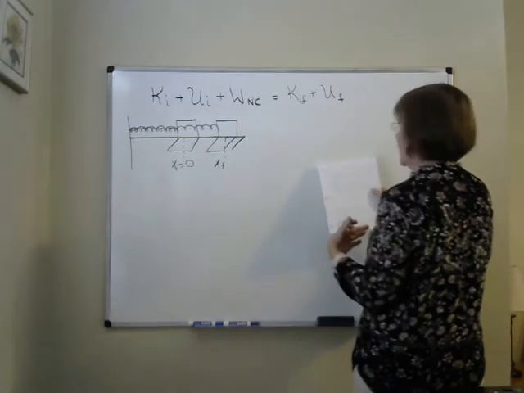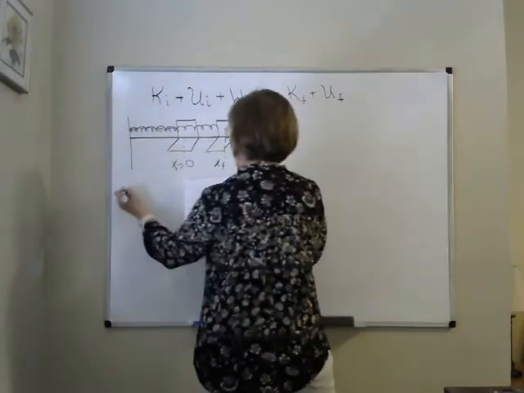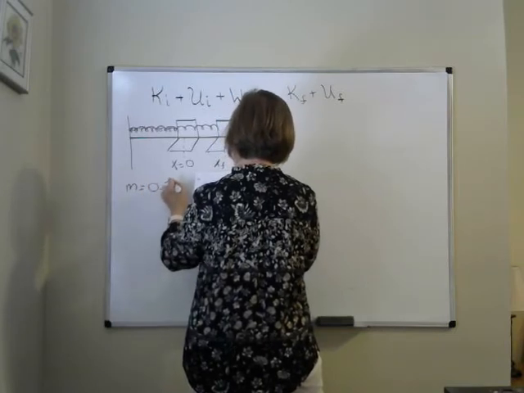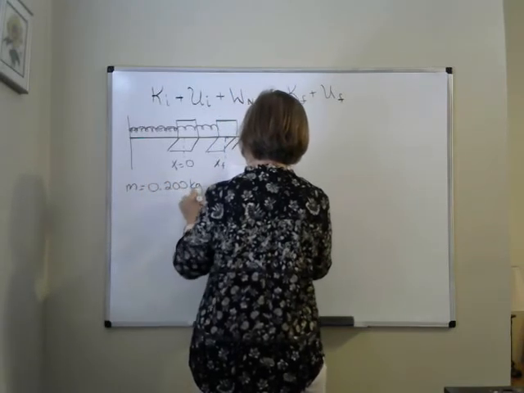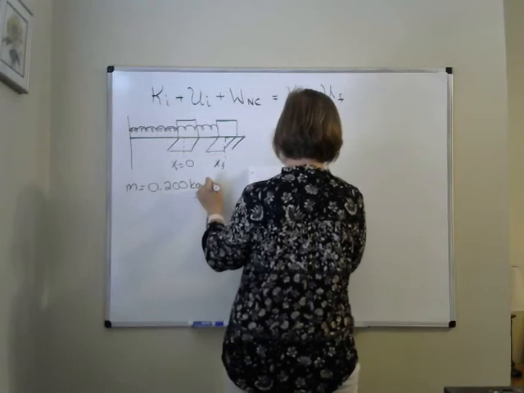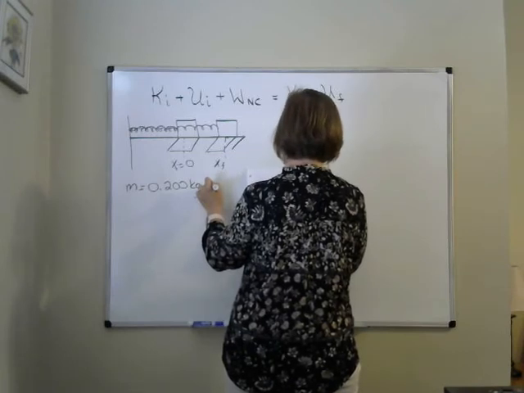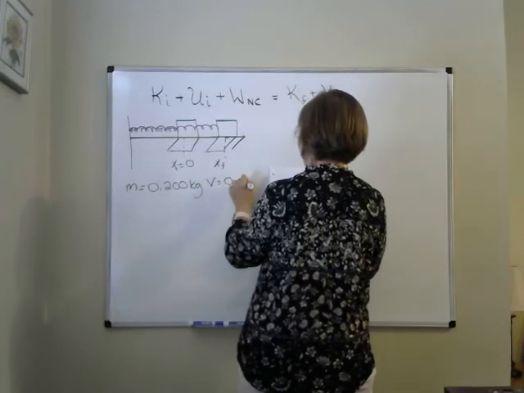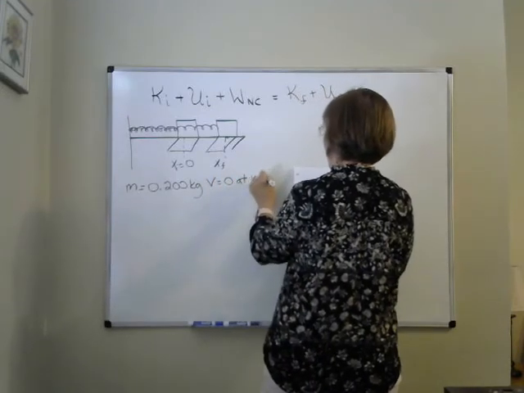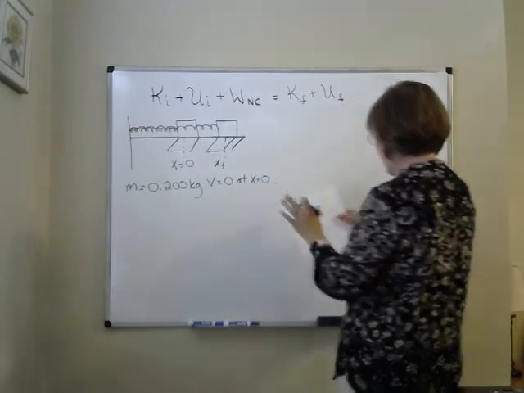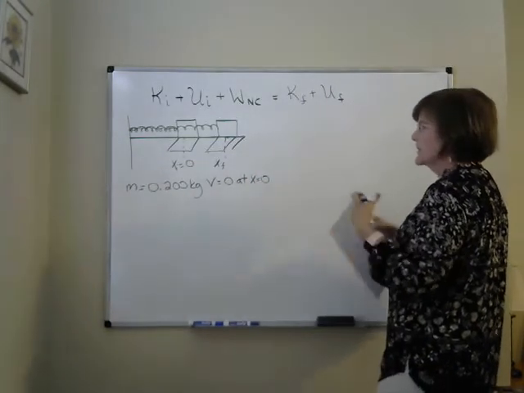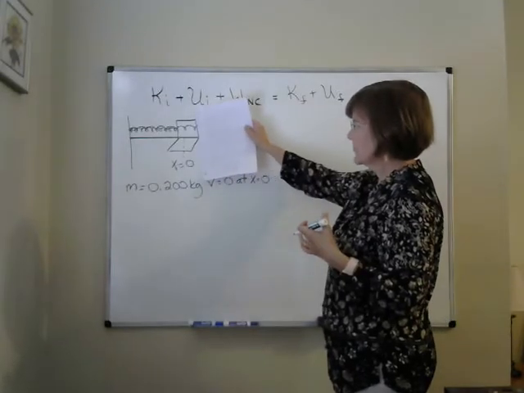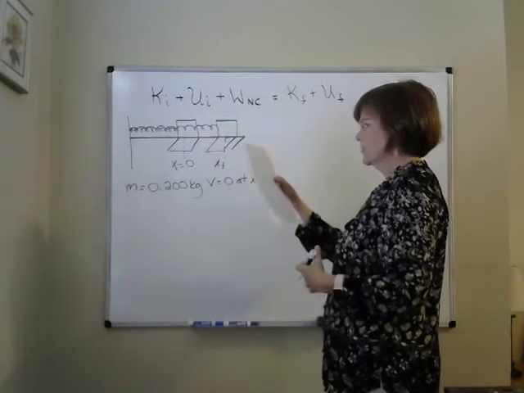It says a glider. The mass of the glider is 0.200 kilograms. And it is at rest at x equals 0. This is the beginning of the problem. It's at rest, and the spring is not stretched. So we are at the equilibrium, the natural position right here. We're not stretched at all.